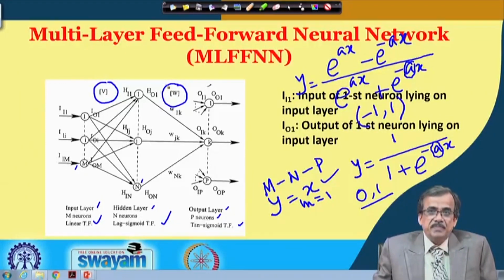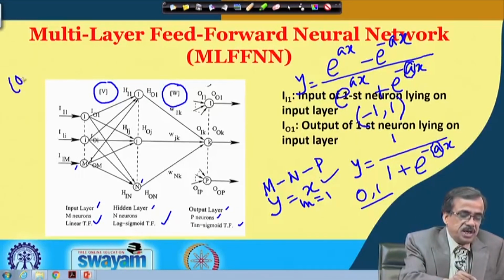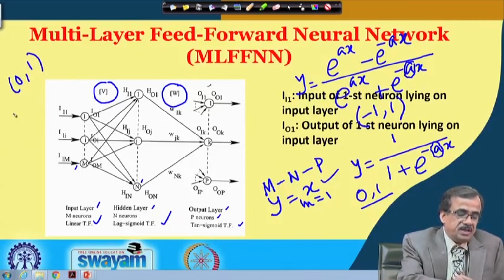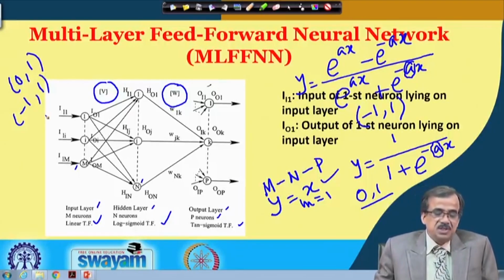The individual values of these connecting weights may vary in the range of say 0 to 1 or in the range of say -1 to +1. That means these are on the normalized scale.